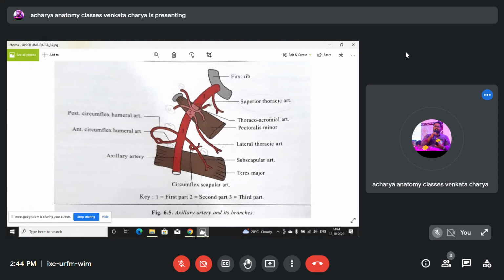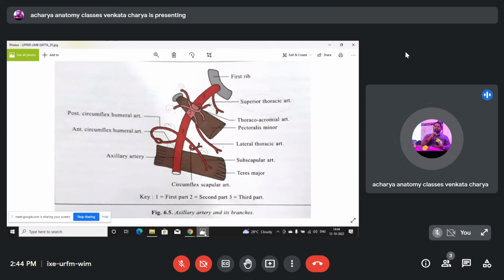Then the second part gives the thoracoacromial artery. This thoracoacromial artery gives one clavicular branch, one acromial branch, one pectoral branch, and one deltoid branch.